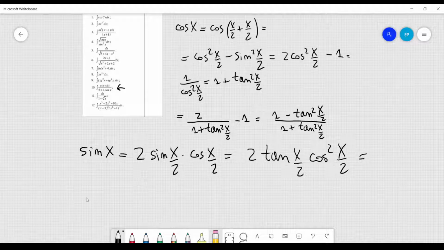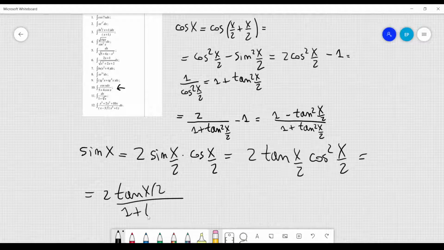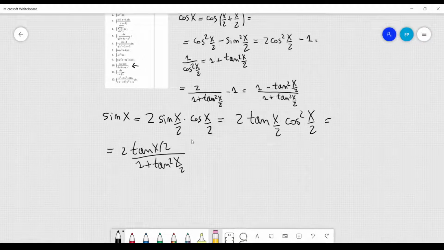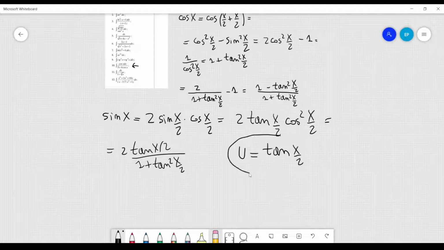This is equal to 2 tangent of x over 2 divided by 1 plus tangent squared of x over 2. So let's remember this. Let's use the substitution u equal to the tangent of x over 2. So we are going to replace this and put it inside the integral. We are going to make this substitution in the integral there.